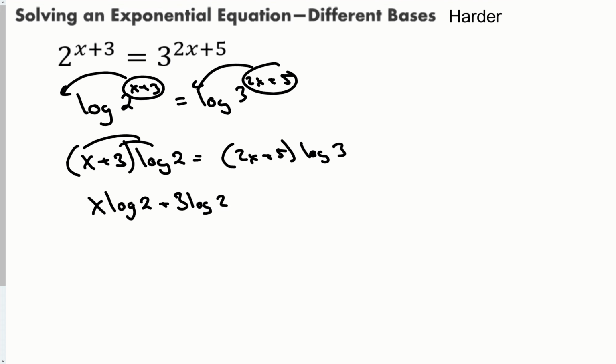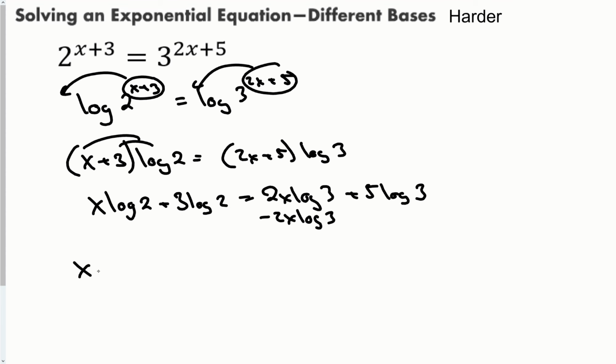Because I can't put the x and the 3 together. I can't put the 2x and the 5 together. So that's 2x log 3 plus 5 log 3. Okay, in order to get all the x's together, I'm going to put them all on the same side. So I'm just going to subtract this whole term from both sides.